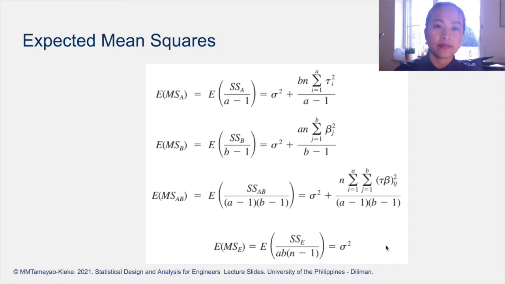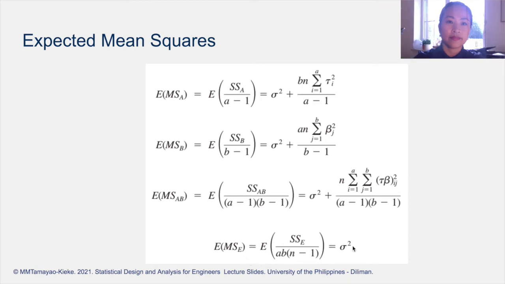Therefore, when we want to know whether the effect of a factor or the interaction is significant, we get the ratio between MSA, or the mean square of that particular factor or the interaction, and the MS error.